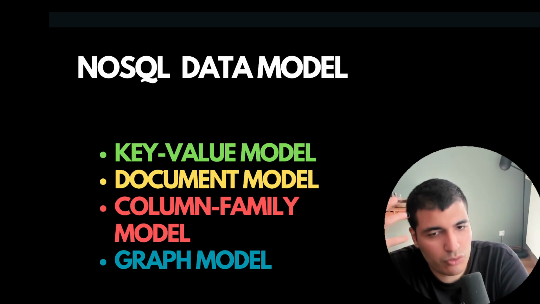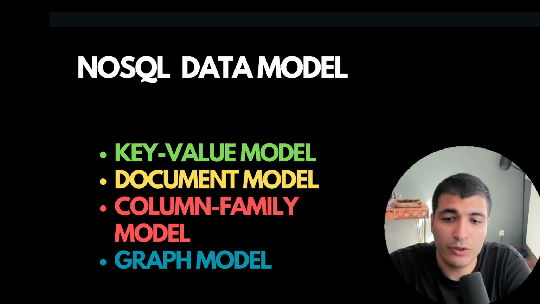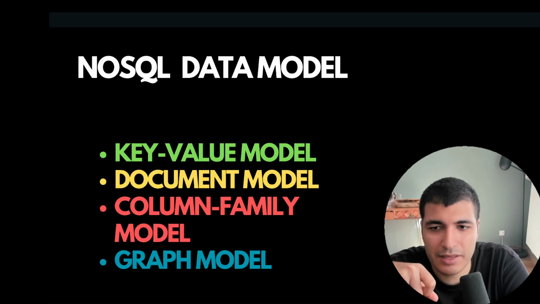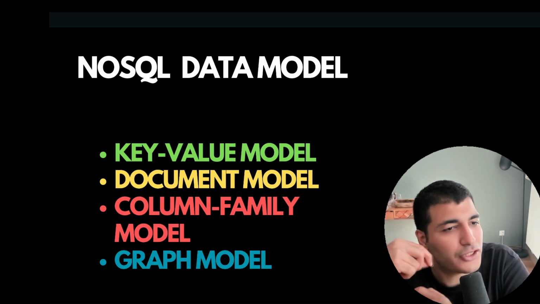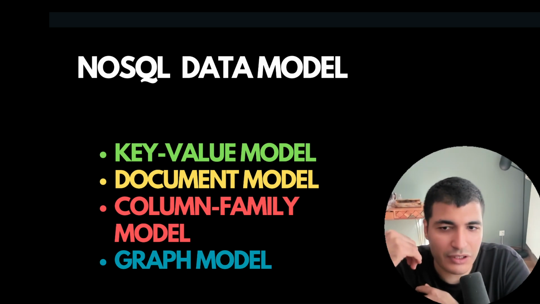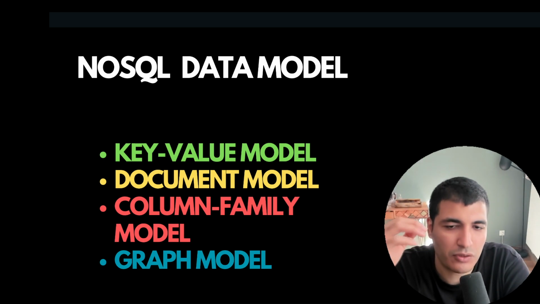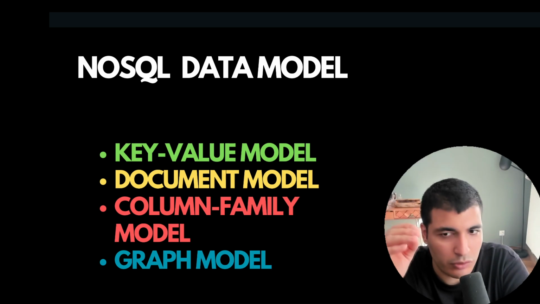In our user management example, users and orders can be nodes, and the fact that a user placed an order could be represented as an edge connecting them to each other. This makes it incredibly efficient to answer questions like, what are all the products ordered by John?